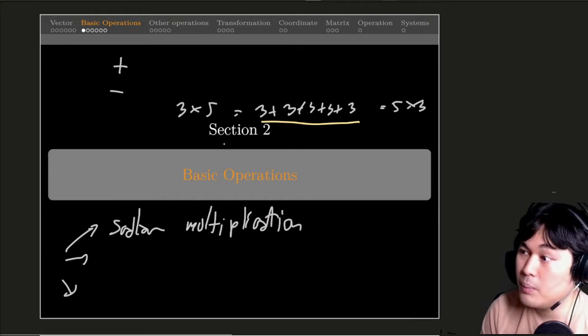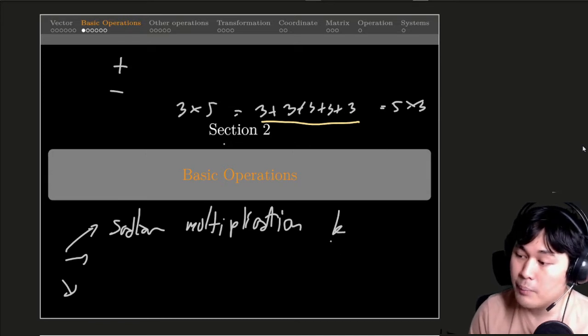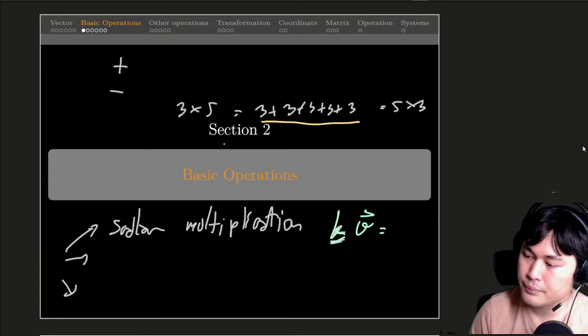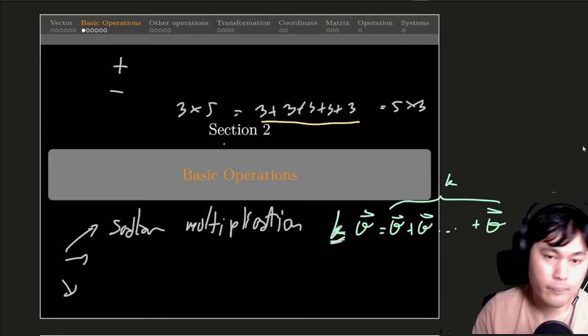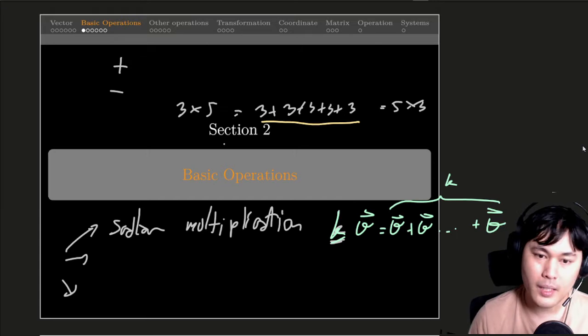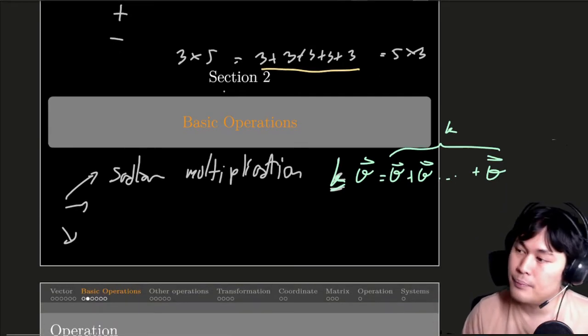This is to mimic the multiplication for numbers. You multiply a number, any number, to a vector, and that will give you a similar way to interpret the multiplication as an addition. And that's the default way you would think about multiplication.